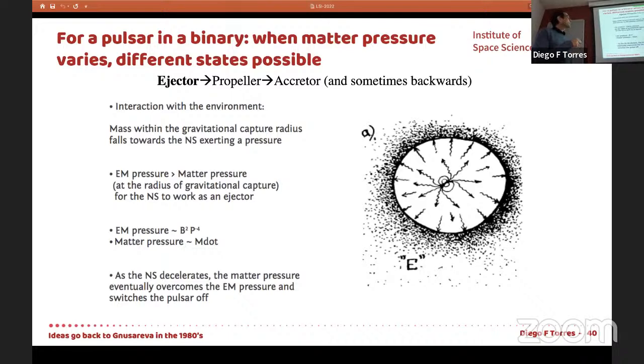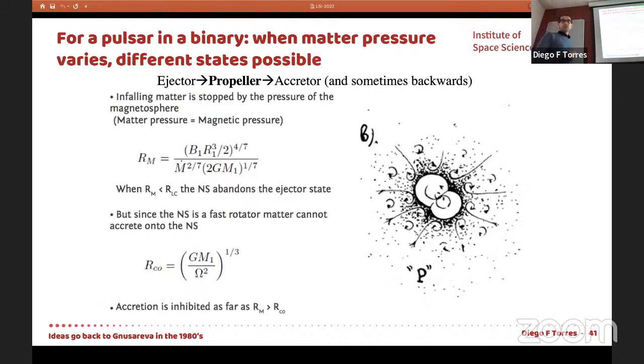You can have a pulsar in an ejector state, which is if the pulsar is energetic enough, then it is unaffected by the matter in the vicinity. It is essentially behaving as if it were isolated. Or you can have a propeller, or ultimately you can have an accretor. So you can have the pulsar accreting matter.